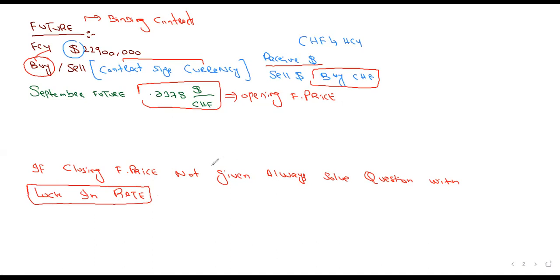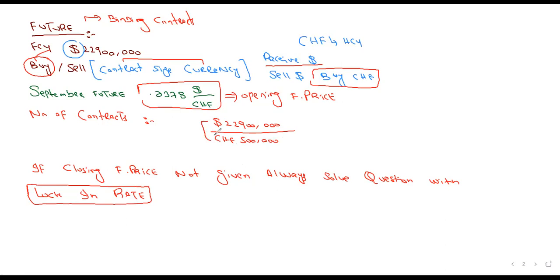Now, the further step is you have to compute the number of contracts. The formula is amount of foreign currency, that is dollar 229000000. What was the contract size, guys? 500,000 CHF. Now you see the currency is not same.